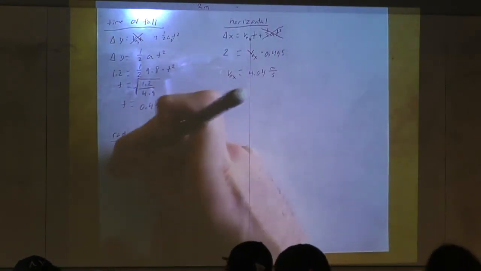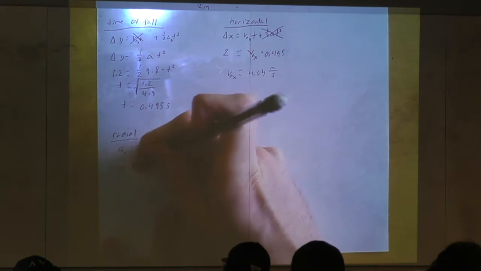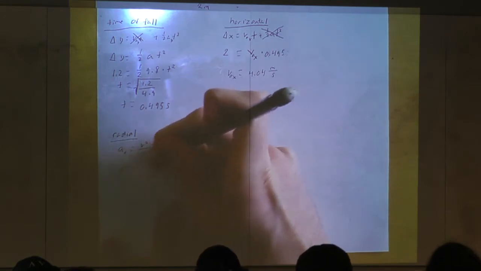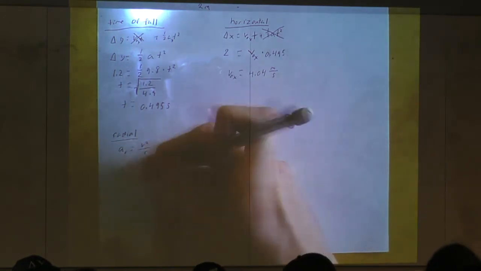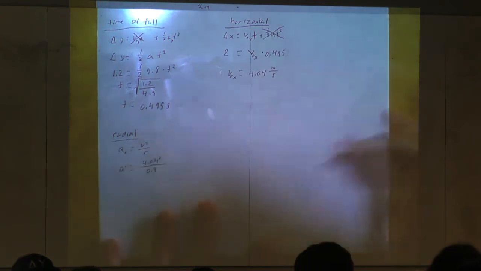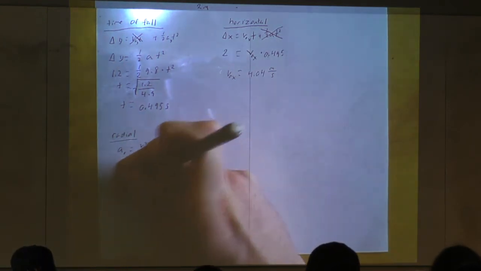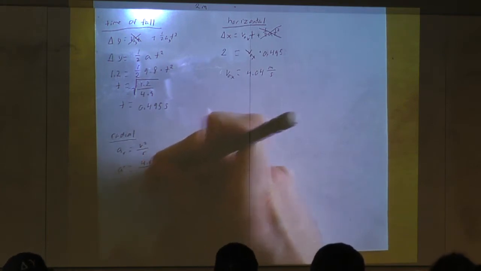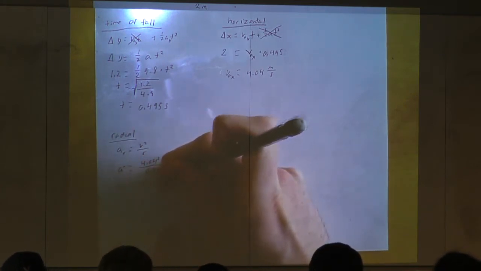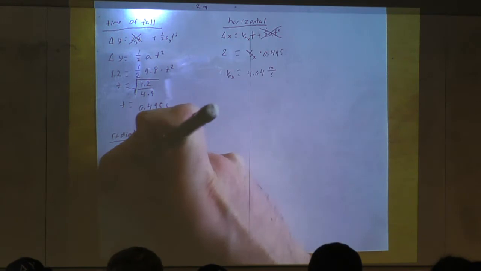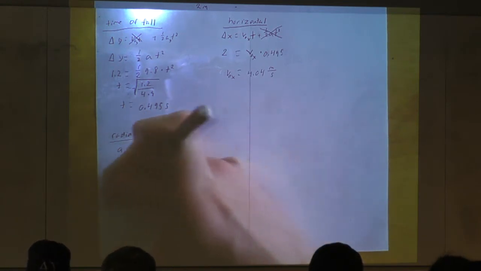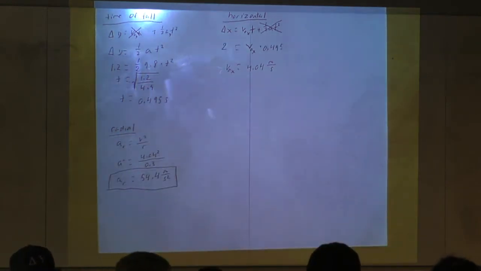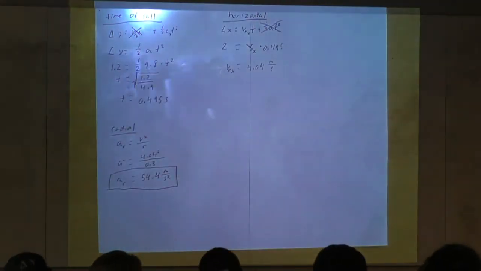So plug those values in, over 0.3. And there's our centripetal acceleration when it's still attached to the string.